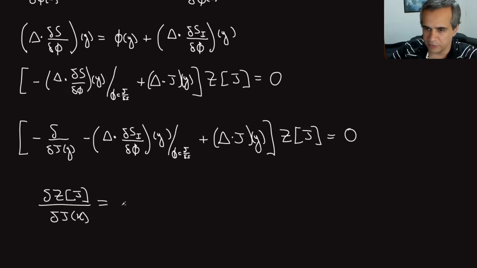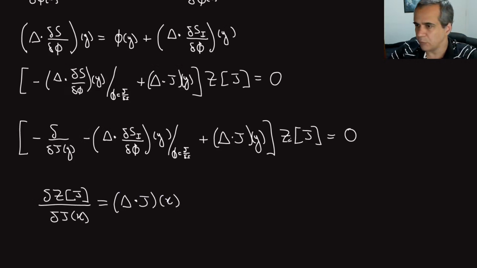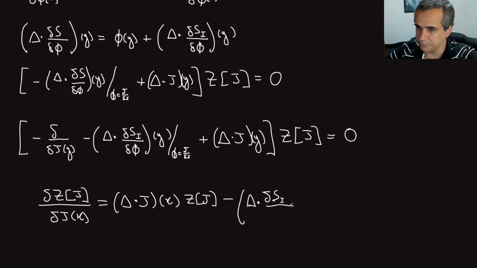Let me put this one first. Delta j of x multiplied by z of j, minus this thing, which is delta scalar del S over del phi.